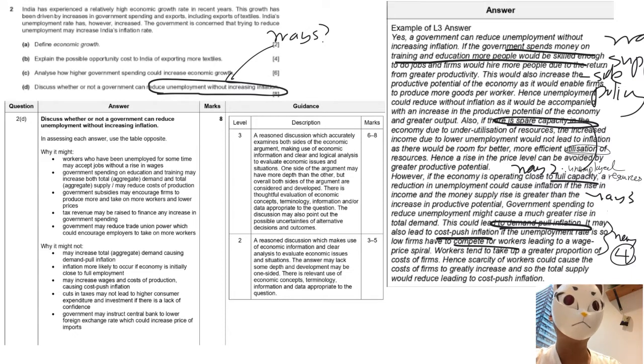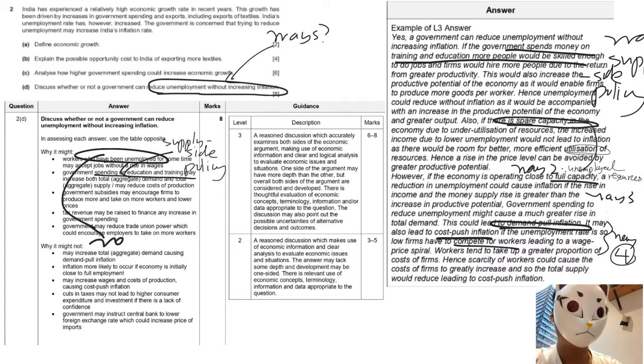First of all, spending on education and training is a kind of supply side policy. If you use this one, it might not raise the inflation. And it also depends on way number 2. You might make use of the unemployed resources. So this is way number 2.